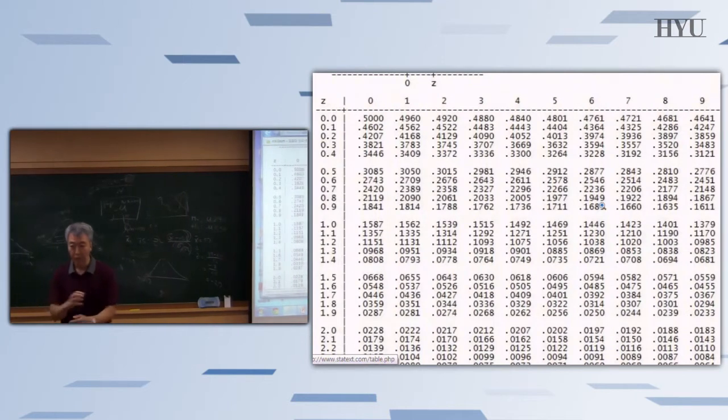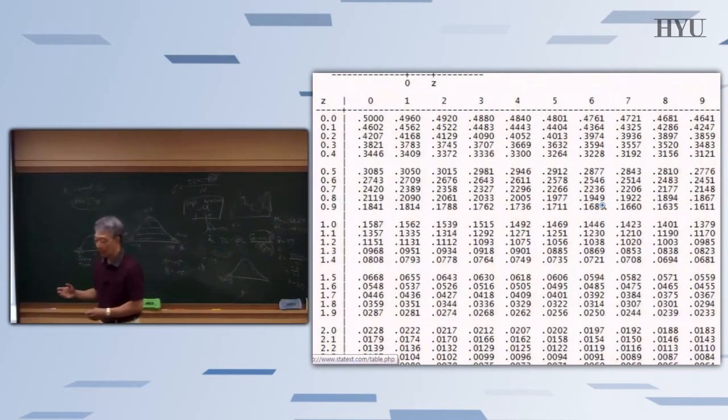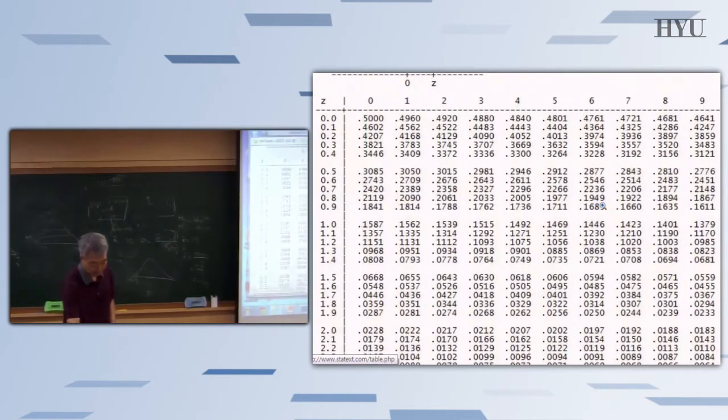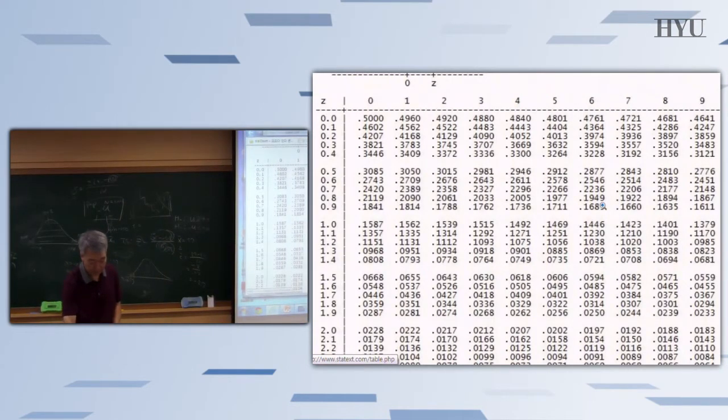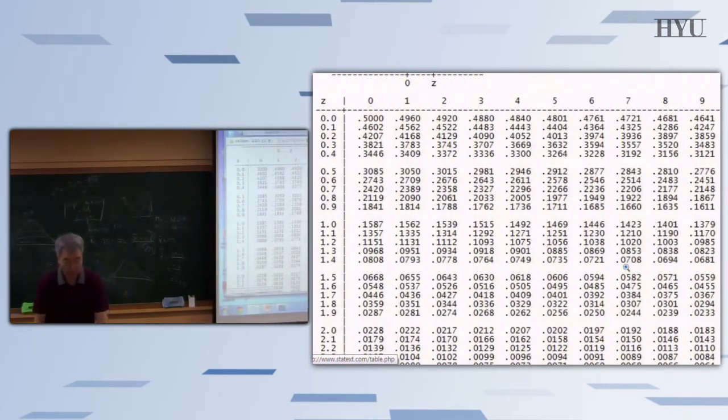So if you have the z-score and are looking for the area, you can start from the margin, look for the z-score, and these numbers are the size of the area. But this time we are doing the reverse.